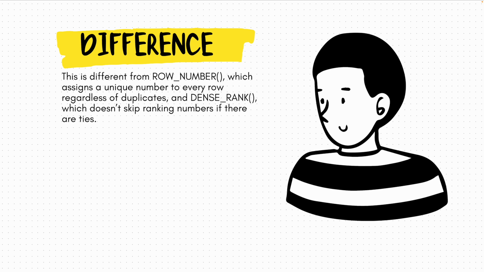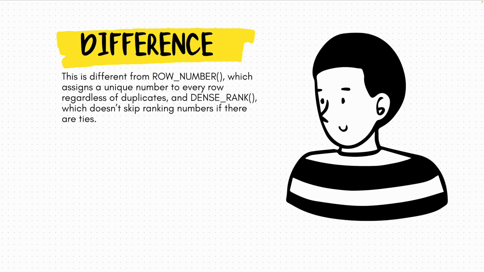I have created a separate video on row number, and just a quick recap: row number assigns a unique number to every row based on the criteria you specified in the partition and order by columns, regardless of whether there are duplicates.